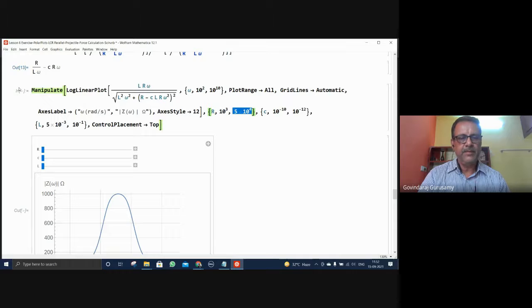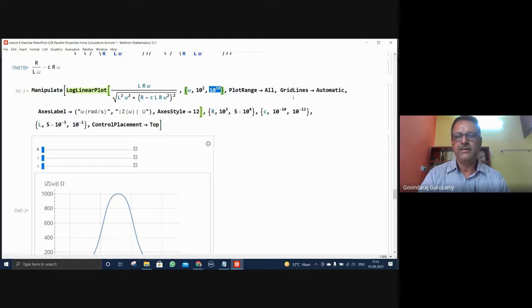When you are using Manipulate, within these arguments there is no issue at all whether you give the smaller value first or the bigger value first. That doesn't matter. But when you are making a plot, any plot, the first variable must be the lower value and this must be the higher value. Otherwise the plot will not be seen or calculated. You can cross-check it on any given graph.